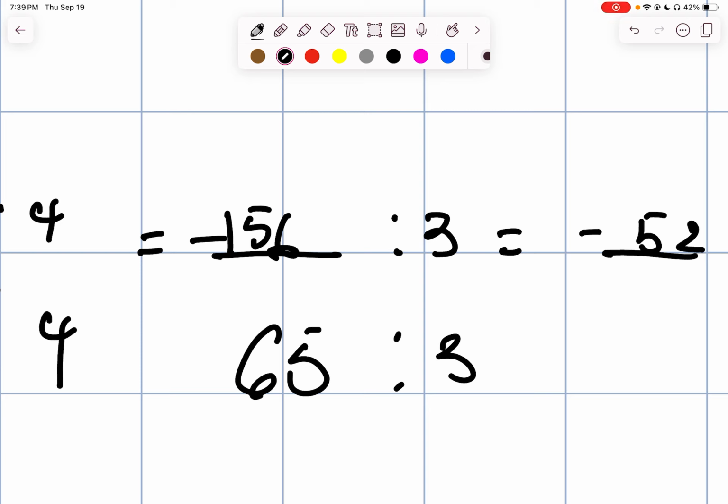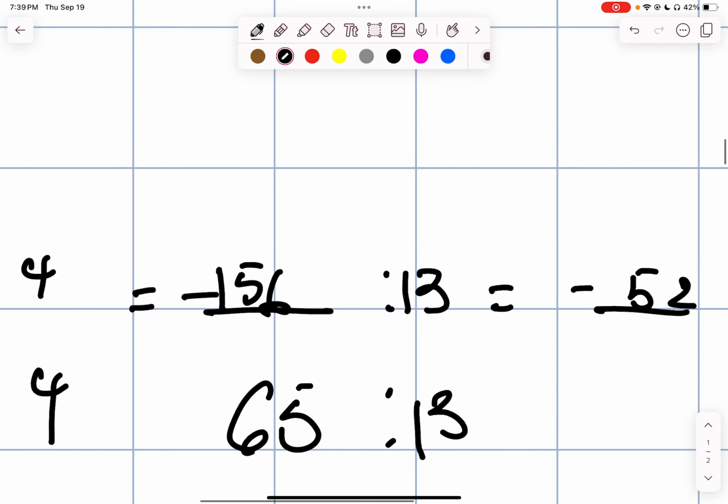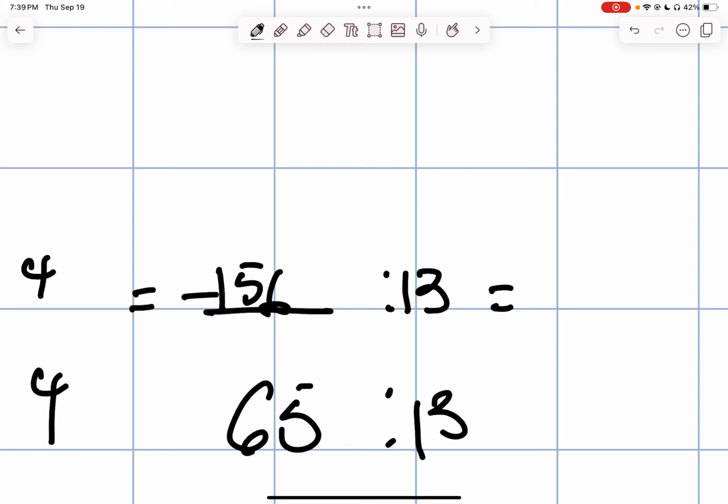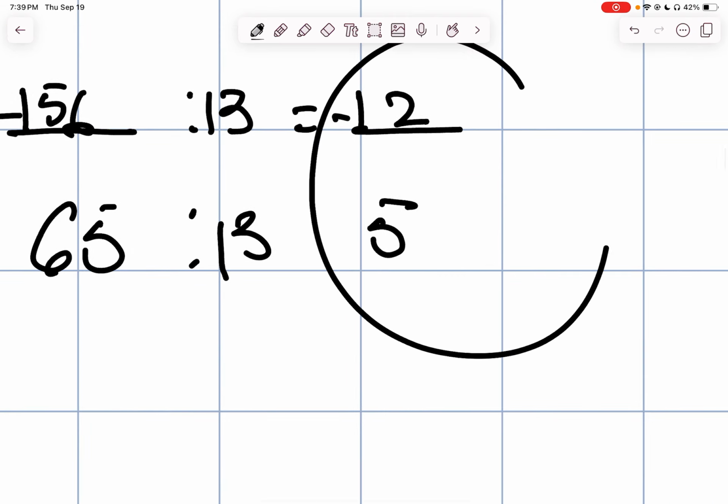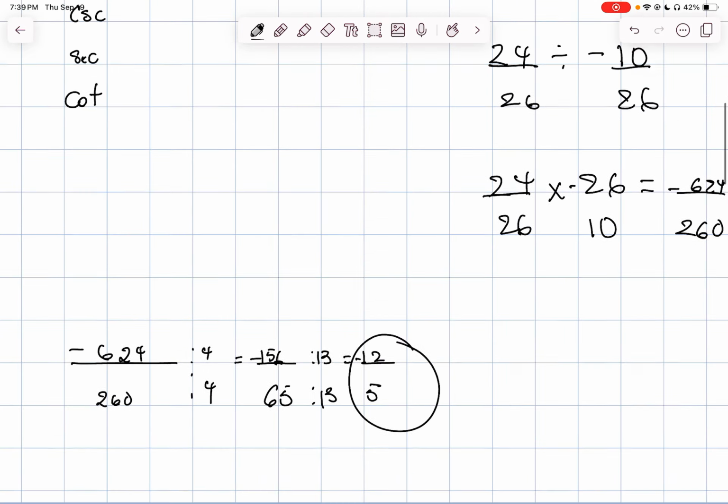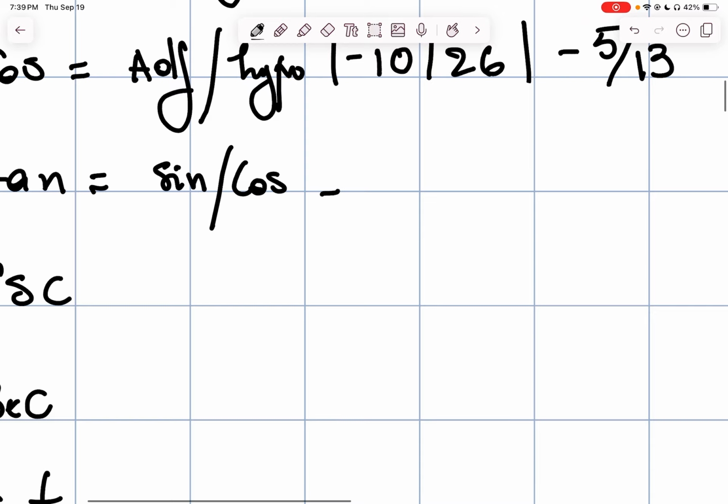So we're going to use 13. 156 divided by 13 is equal to 12, and 65 divided by 13 is equal to 5. Keep your minus. Can this be further simplified? It cannot. So your final answer is minus 12 over 5 for your tangent.